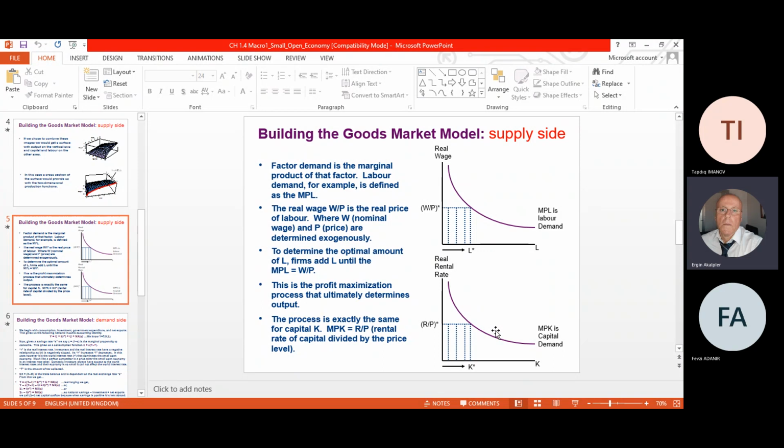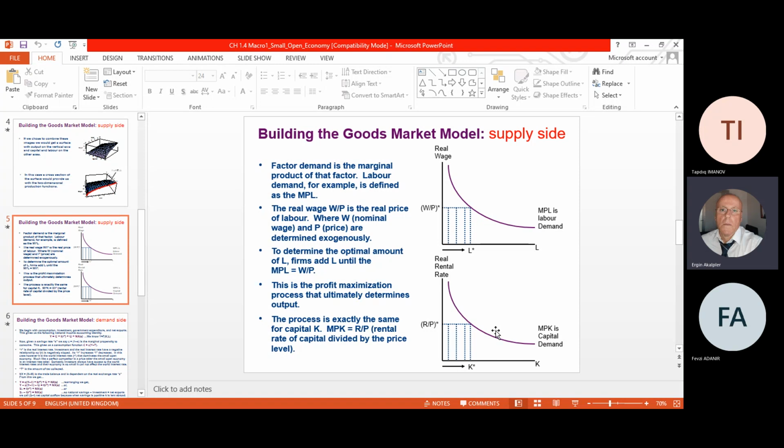Similarly, if the real wages is higher, which means we are excluding the nominal in the market and putting the purchasing power parity here, then this will of course affect the labor demand. Marginal productivity of labor becomes lesser as much as the real wages becomes higher.